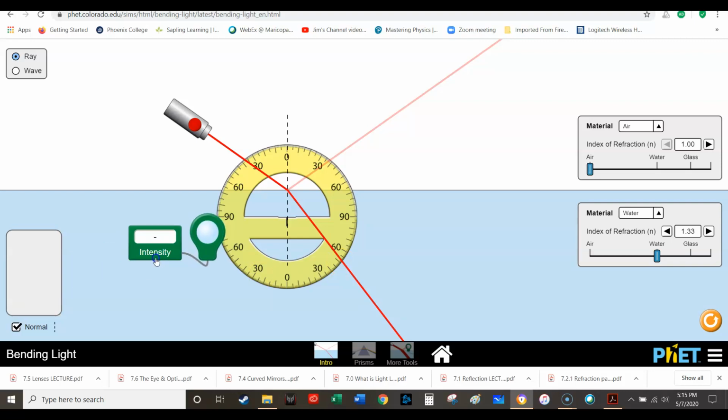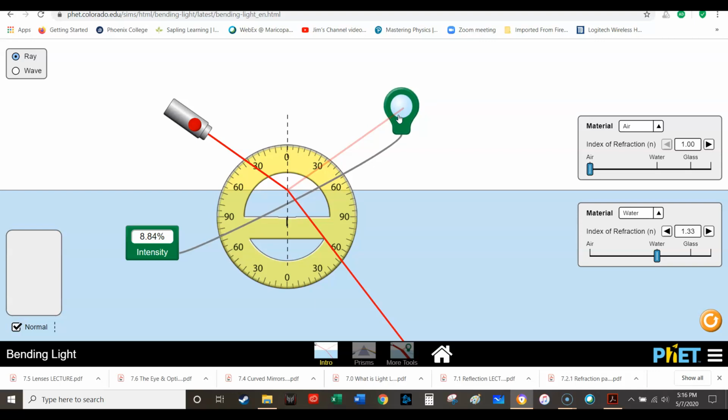The cool thing is, too, you have another tool that you could see the actual intensity of this, right? So it's 100% intensity here. And then a cool thing is some of the light you're seeing is actually reflecting off the surface, which is what would actually happen. And so what this is showing is that 91% of the light is refracting through, and almost 9% is reflecting off the surface.